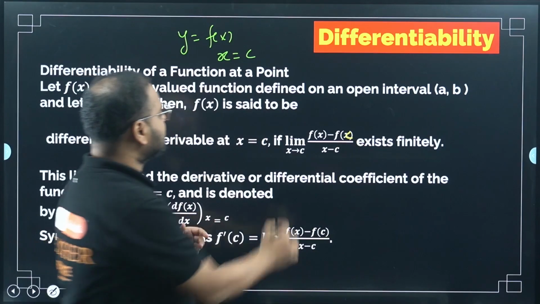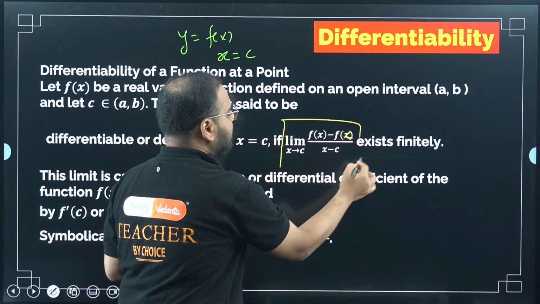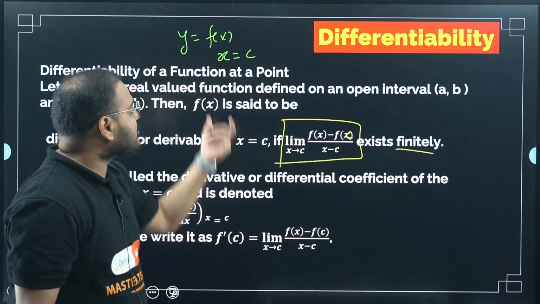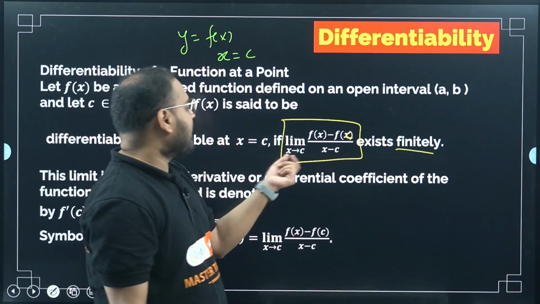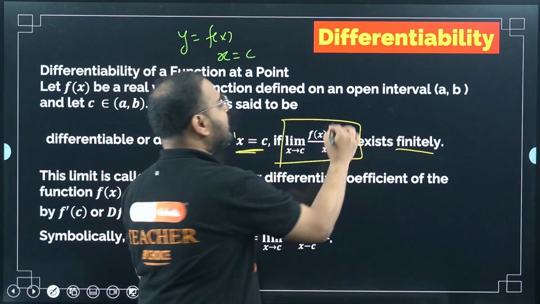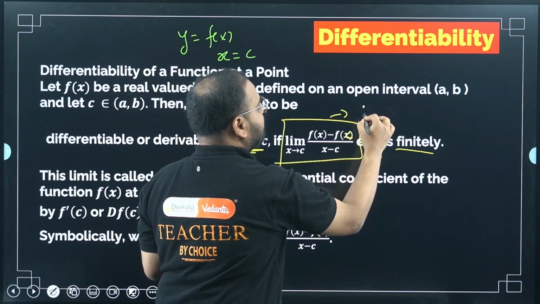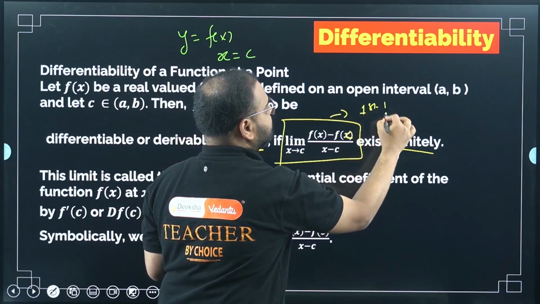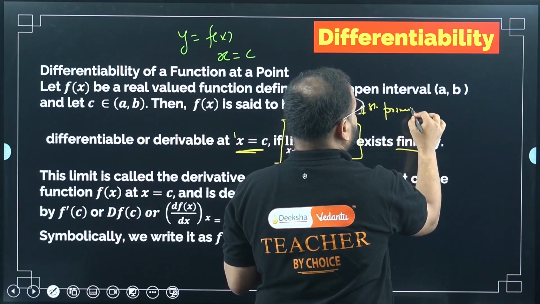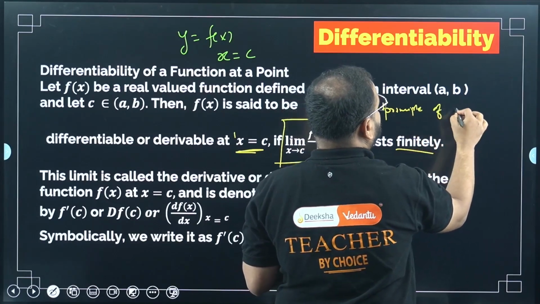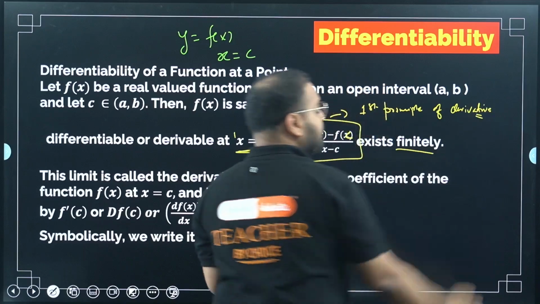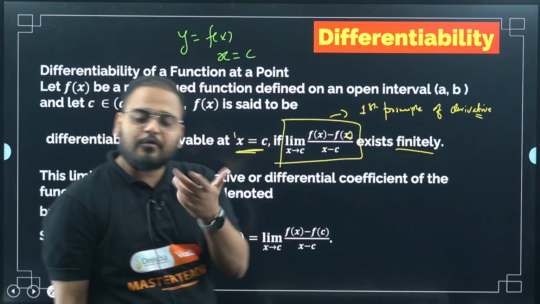Whenever we can have this limit existing finitely, then we can call the function f of x differentiable at the point x equals to c. This is also called the first principle of derivative, which is ultimately used to derive all the formulas that you know.